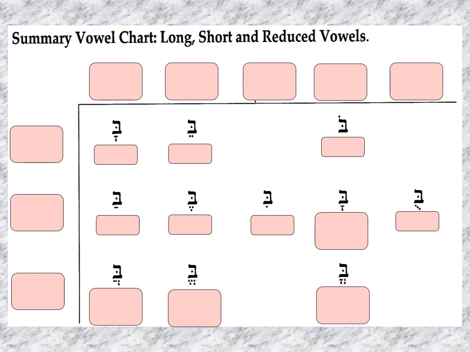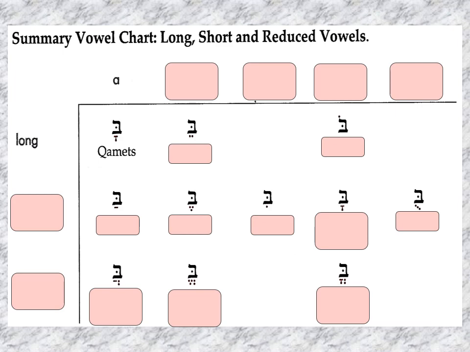This slide might be something that occurs during one of our upcoming lectures, a sort of oral review quiz. So basically, I would ask you to begin with the upper left-hand corner and say, what is that vowel? And you would say qamets, and then you would tell me its type and class, long A class.